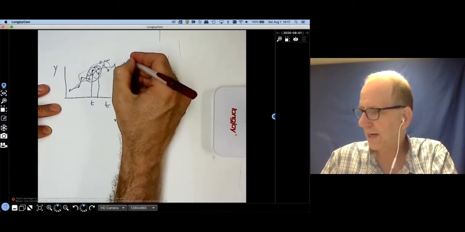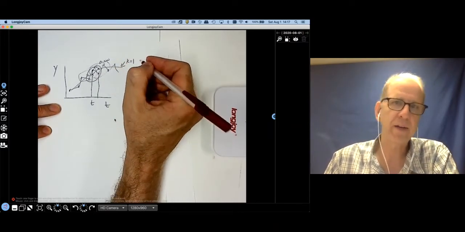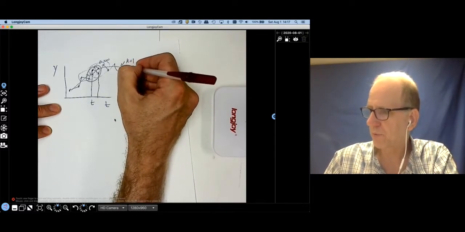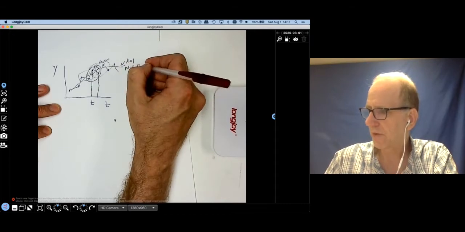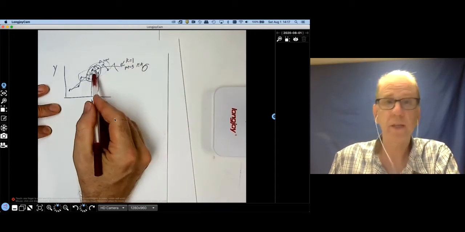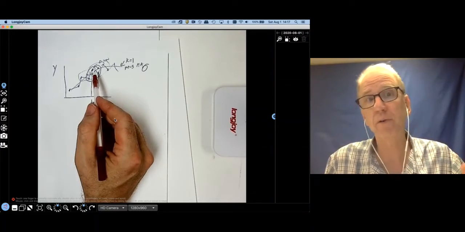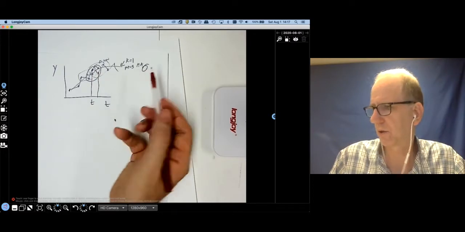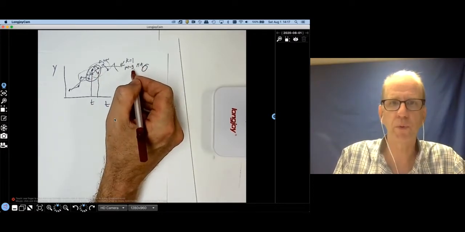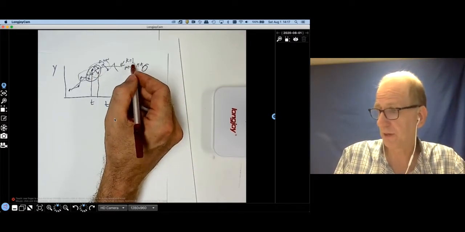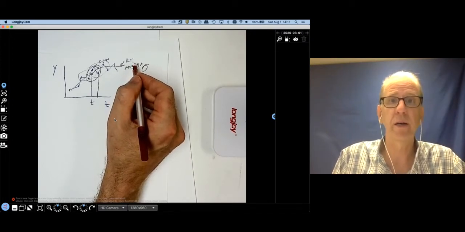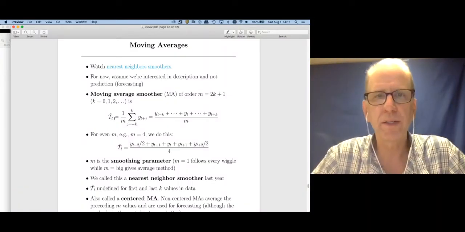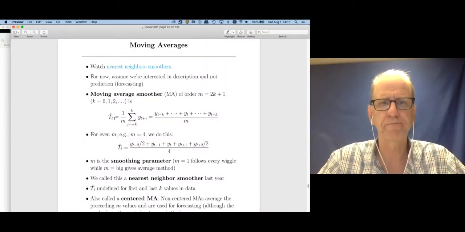So this would be k equal to 1 neighbor on either side, or you could call this the m equal to 3 moving average. So why 3? Because every time I'm averaging the values of 3 points to get my estimate. So this would be a moving average of order 3 because I've got the point itself and then 1 point on either side of that point that gets averaged. So that's the whole idea of a moving average smoother.